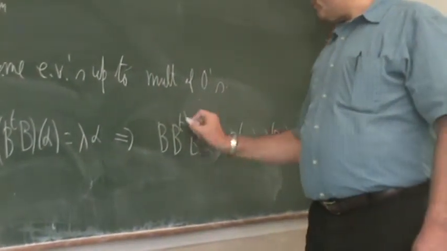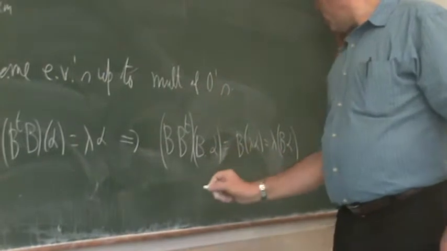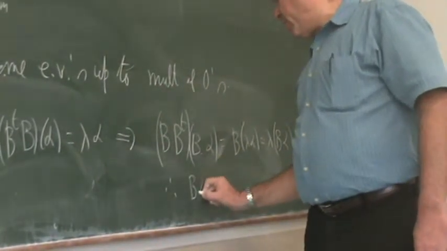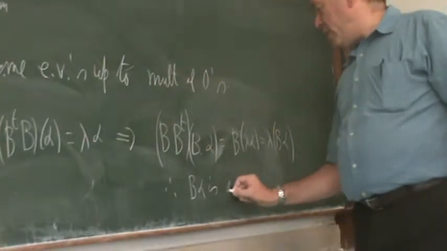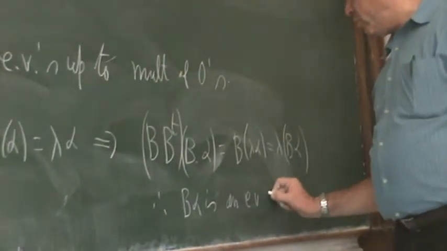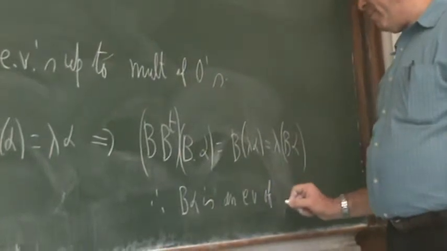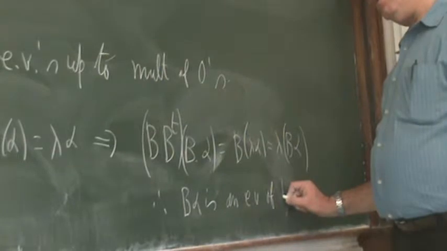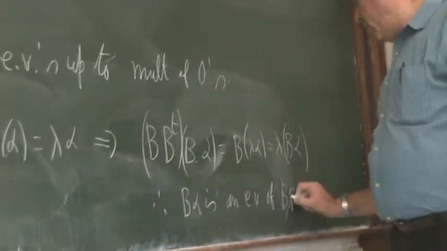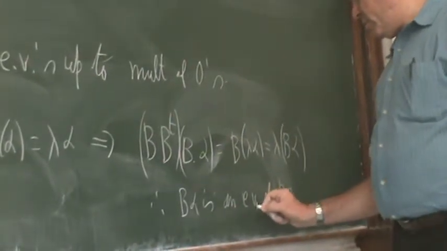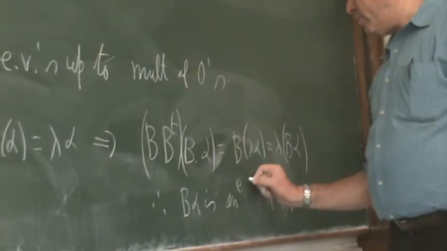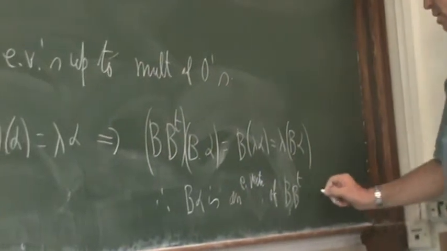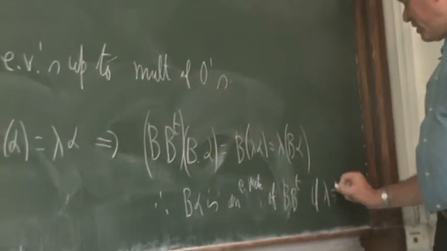Then it means that B alpha is an eigenvector of BB^T if lambda is not zero.